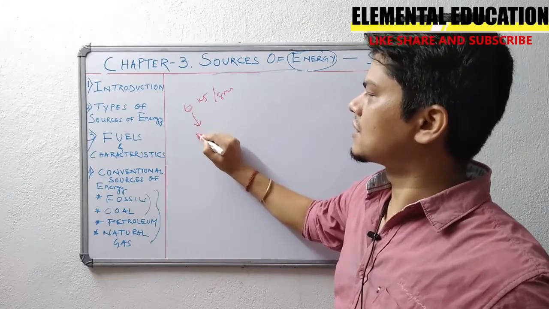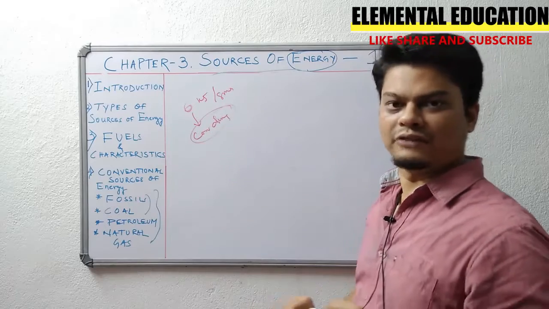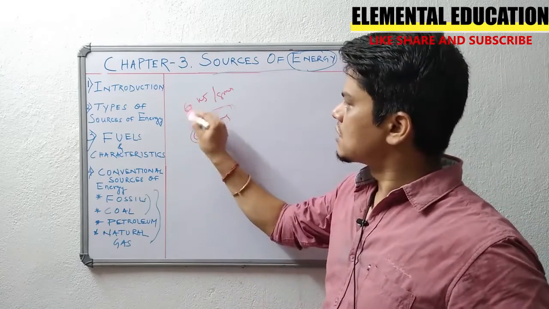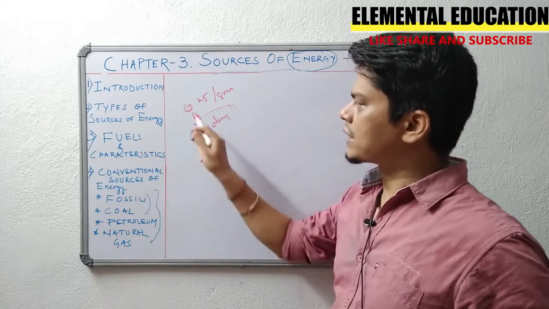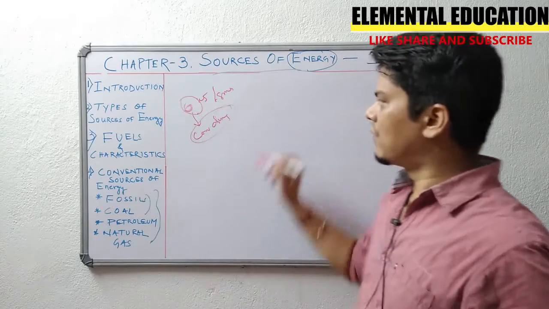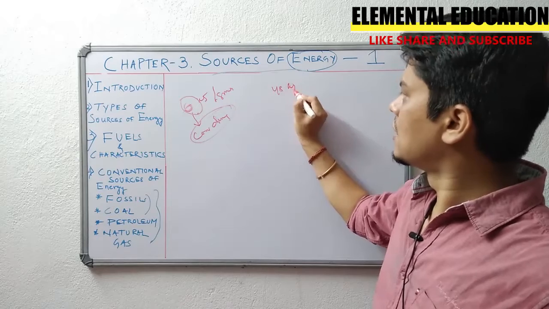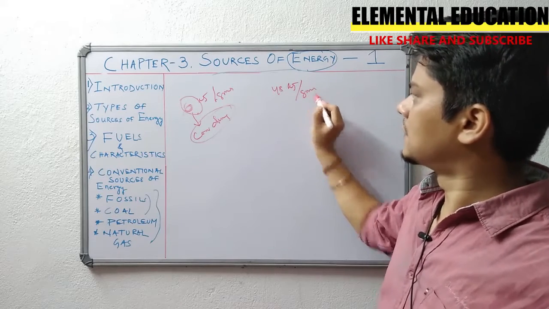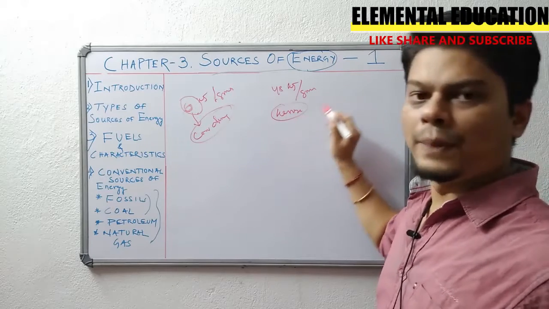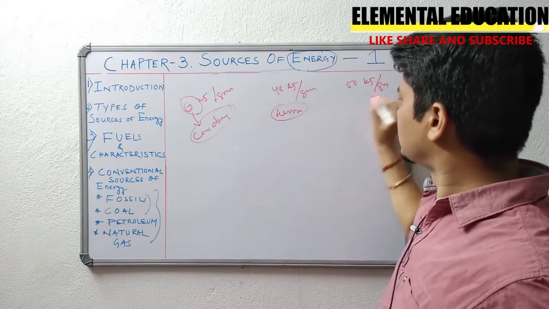That is cow dung. I am making cakes, right? In villages you might have seen people making cow dung cakes. Those are also used as fuels in villages for cooking. They give 6 kilojoules per gram, whereas kerosene gives 48 kilojoules per gram. Similarly, petrol gives 50 kilojoules per gram.